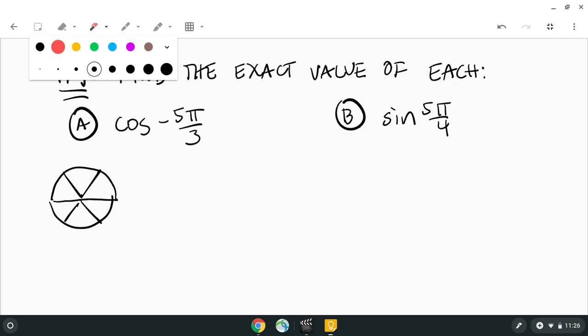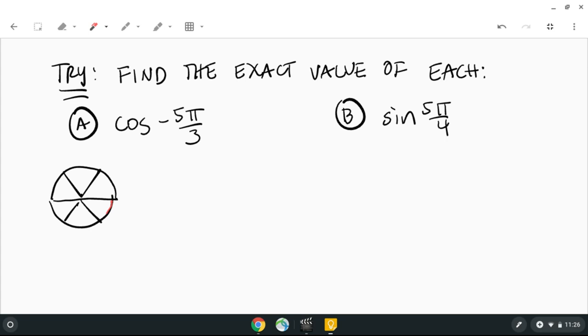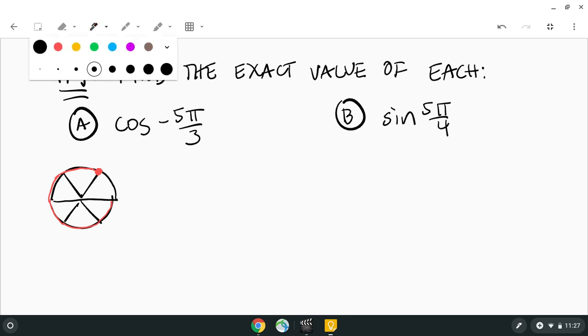Okay, so thirds. Your half circle is cut into thirds, and we're going in the opposite direction. So 1/3, 2/3, 3/3, 4/3, 5/3. So my point is here in quadrant 1. We are in quadrant 1, so we don't have to worry about negatives or positives.